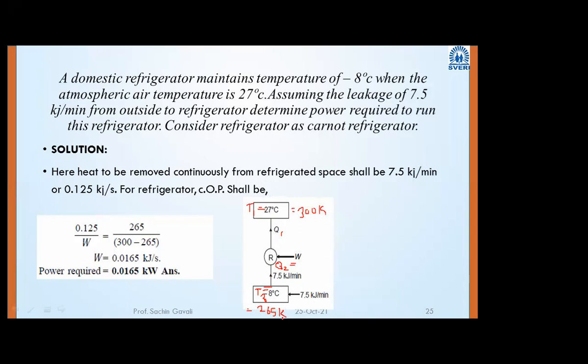Here the efficiency of a refrigerator, COP, shall be equal to what? COP is a function of temperature as well as a function of heat interaction.